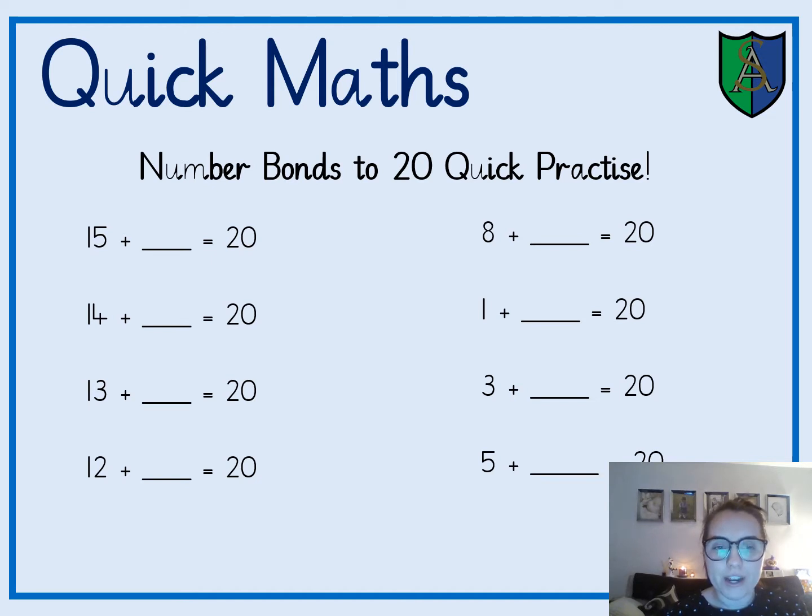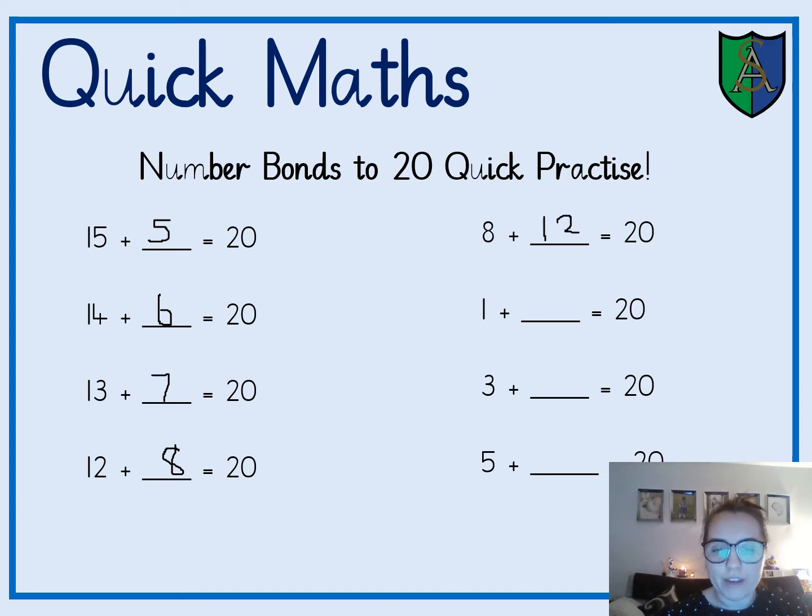Okay, the first one is 15 plus 5 is equal to 20, 14 plus 6, 13 plus 7, and 12 plus 8. Okay, then over on this side, 8 plus 12, because we know it's commutative.